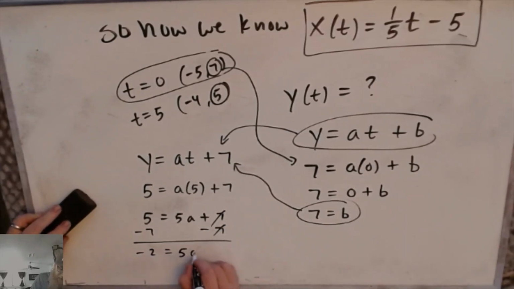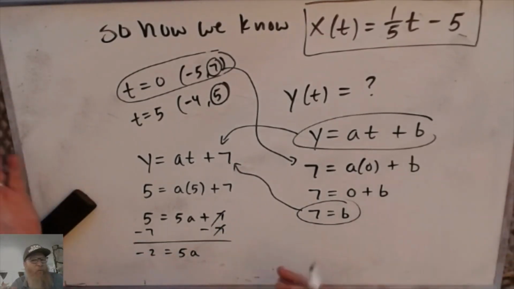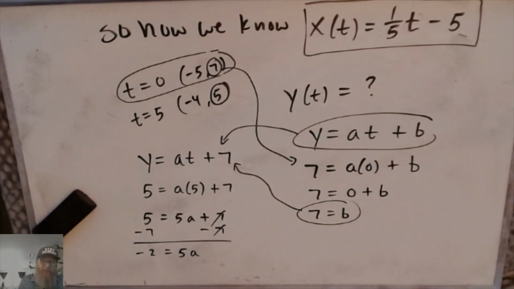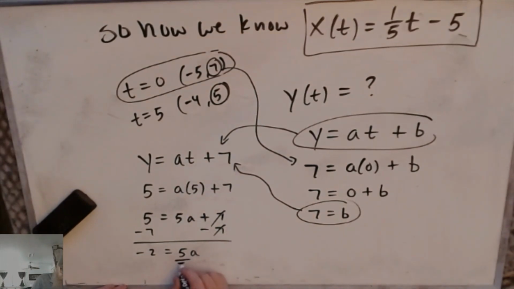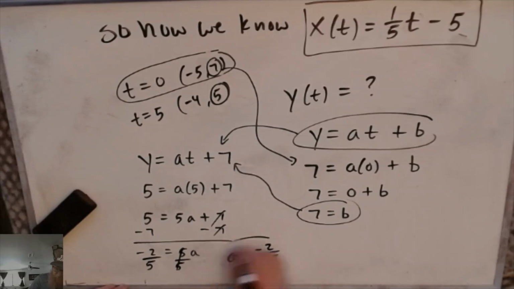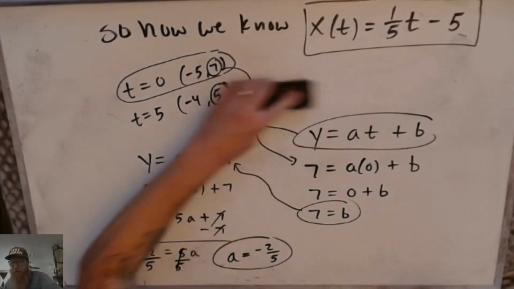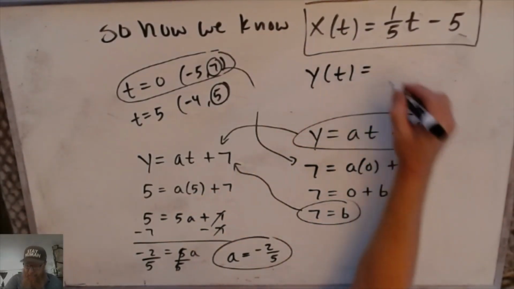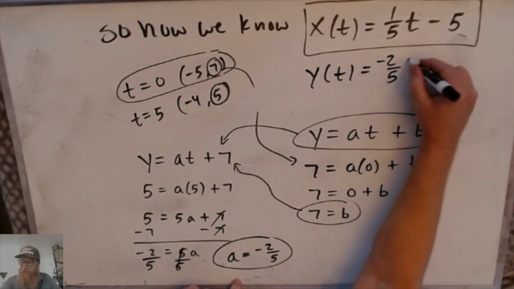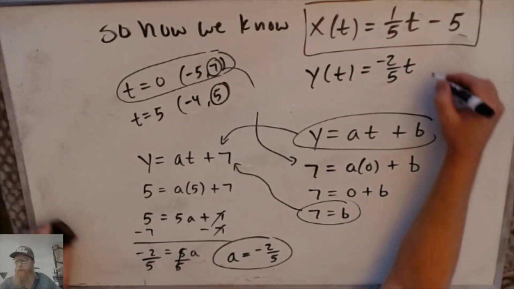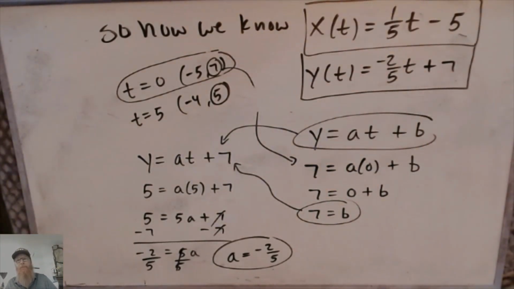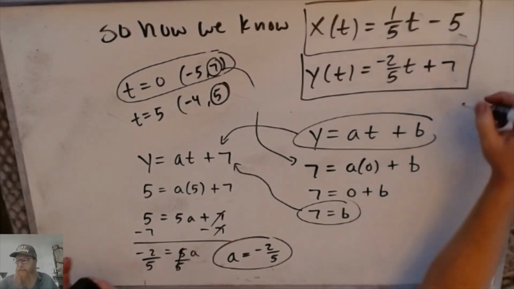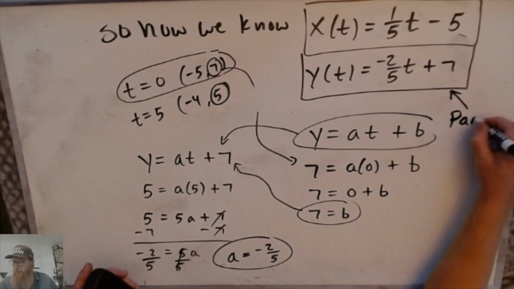I guess in hindsight now I could say it really doesn't matter which one you do first. My way of doing it is to always find the x first and then go back and find the y. So your A is negative 2/5. So now my y of t is negative 2/5 t plus 7. So this is my system of parametric equations.